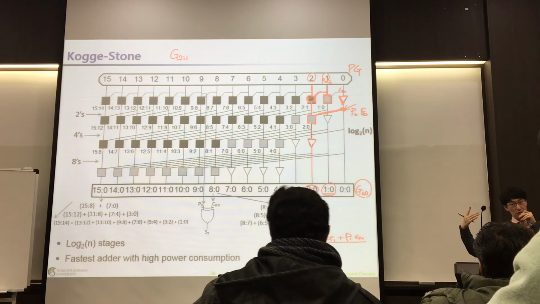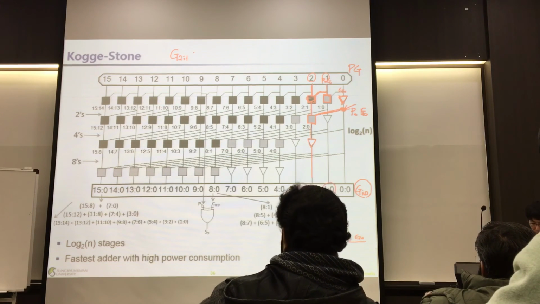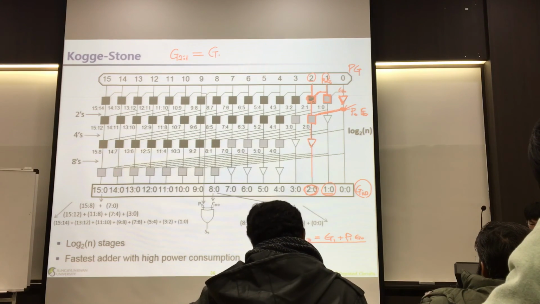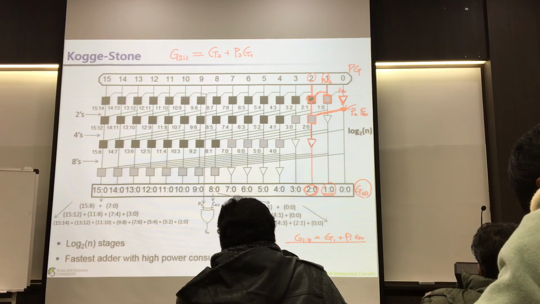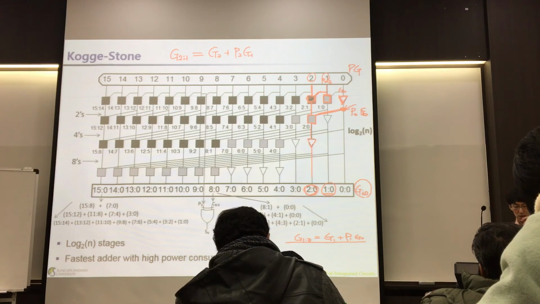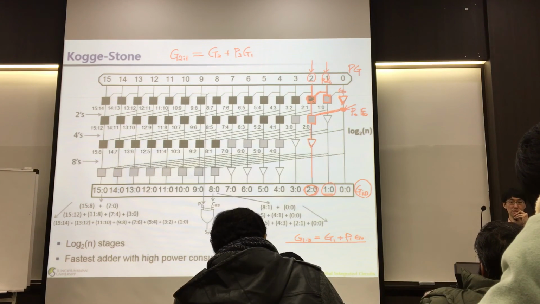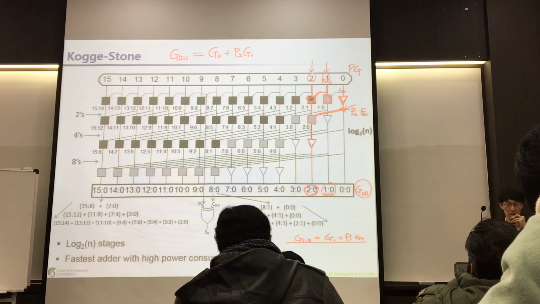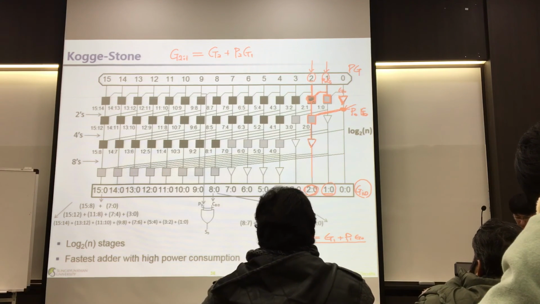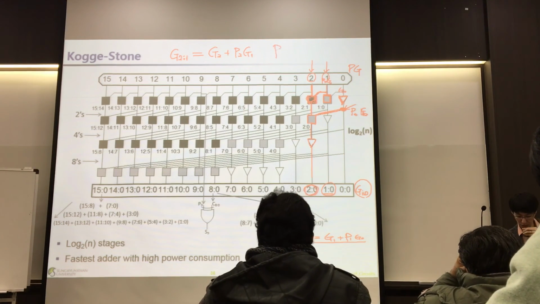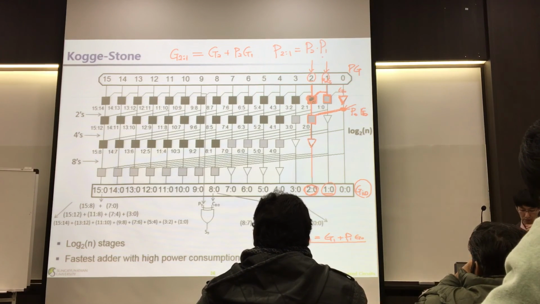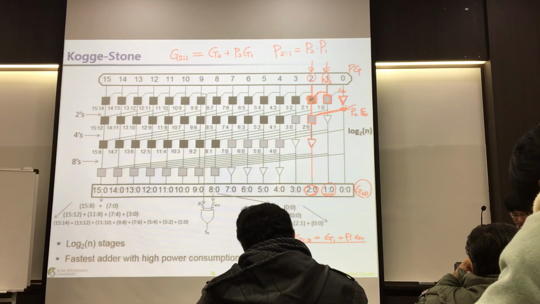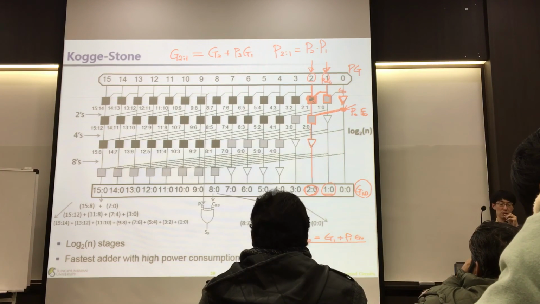So that's different. So how do we do that? G2 to 1 is G2 plus P2 G1, right? They are all available here and here. And this is a black cell, which means you are also calculating P2 to 1, which is P2 and P1, all available here, right?